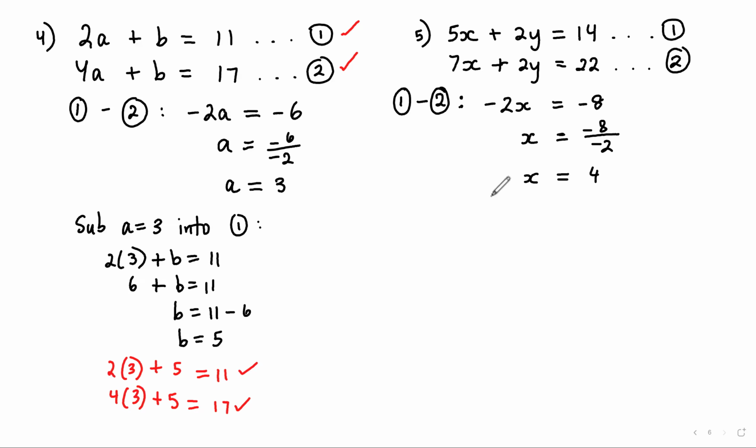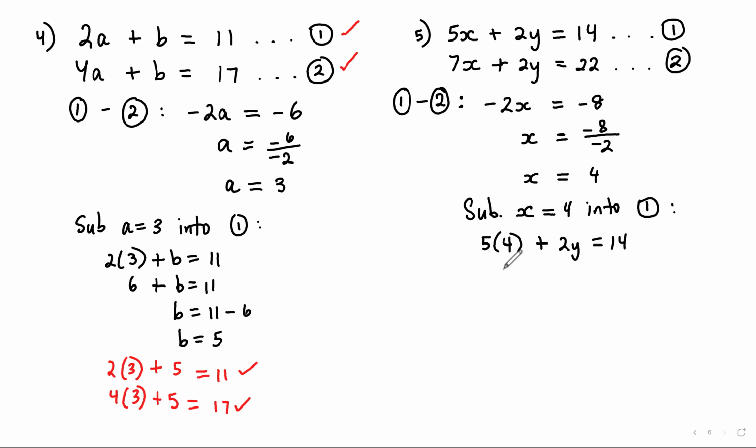It does not matter which one you decide to subtract first, like it doesn't matter if you say 1 take away 2 or 2 take away 1. You're still going to end up with x is equal to 4. And once you get what x is equal to, you substitute that. So we substitute in x is equal to 4 into any one of the equations. I'm going to do it in equation 1. So 5 times x, which means 5 times 4, plus 2y is equal to 14.